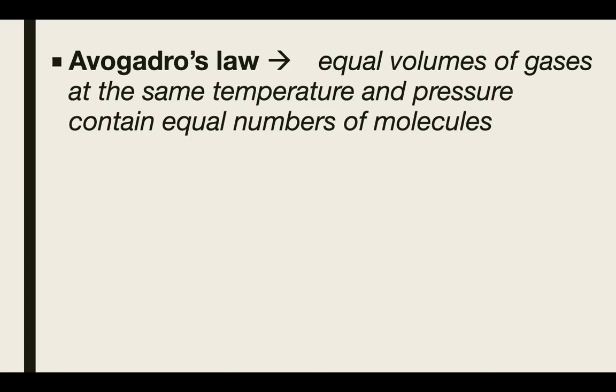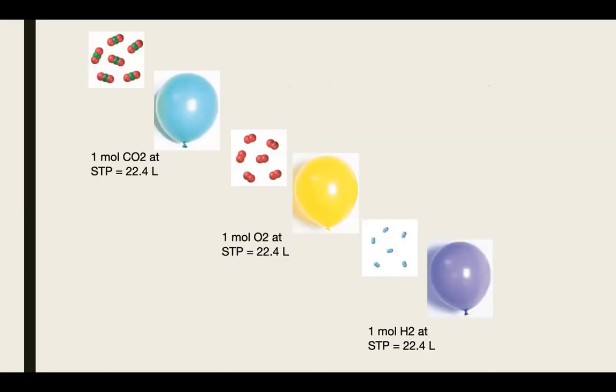So we can extrapolate that and calculate what the amount of gas is for a particular volume at STP. And when we measure the amount of molecules for a particular volume at STP, we see for all three of these gases that at STP, 1 mole of gas, whether it's CO2, O2, or H2, occupies a volume of 22.4 liters, no matter what the gas is.